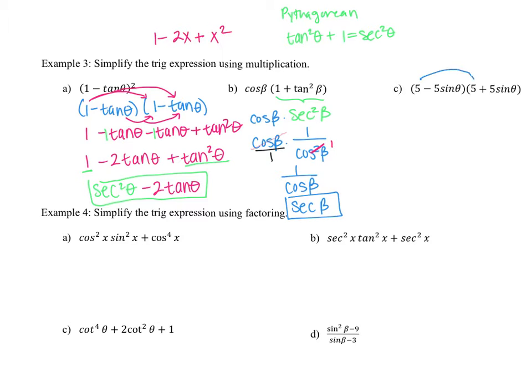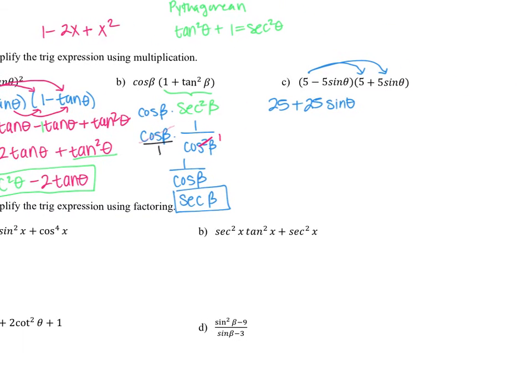So if I FOIL, 5 times 5 is 25. 5 times 5 sine is 25 sine. And if I multiply the negative 5 sine, that'd be negative 25 sine. And negative 5 times positive 5 is negative 25 sine squared.